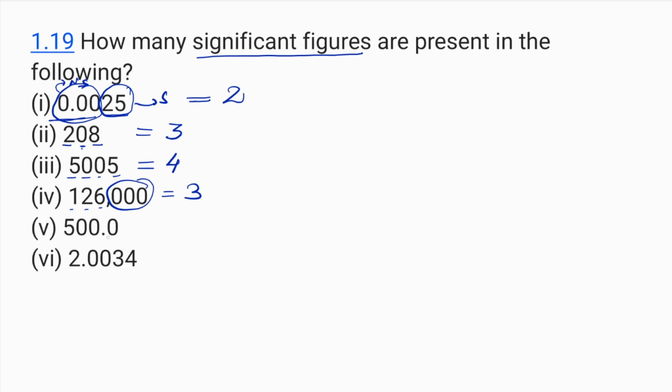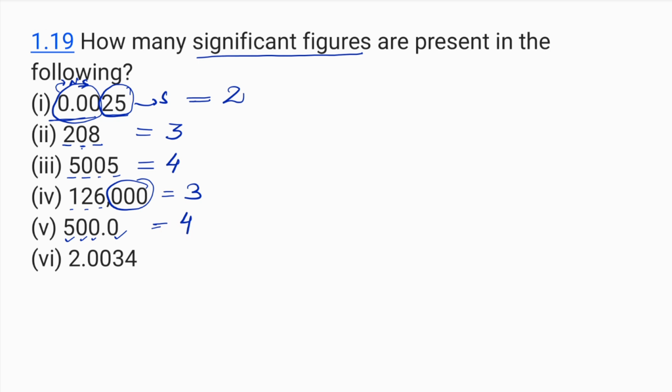Remember the same kind of example, 500.0. The zero digits are going to be significant figures, so there are 4 significant figures.